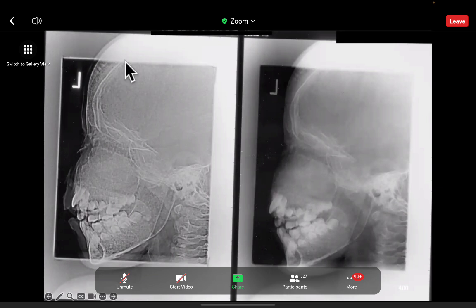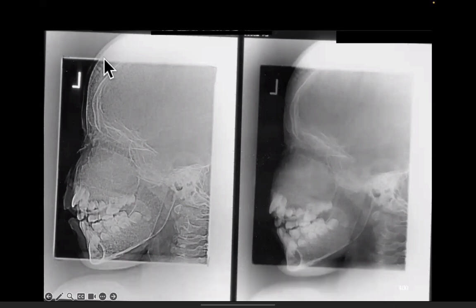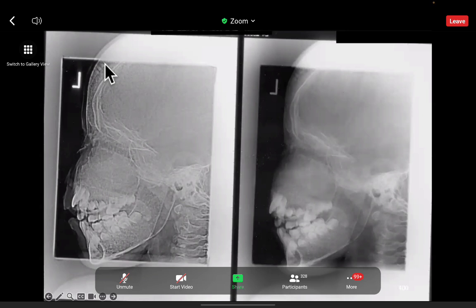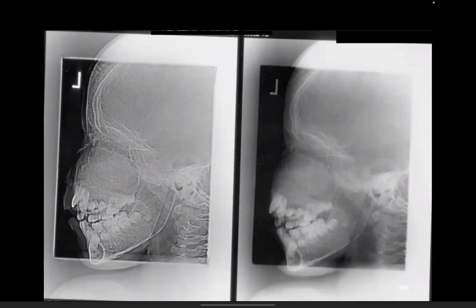And note that the inner table looks okay, but the outer table is thinned, and that's because the expansile force within the diploic space causes tension of the outer table, but compression of the inner table just by the convexity and concavity of those tables. And so we get thinning of the outer table.